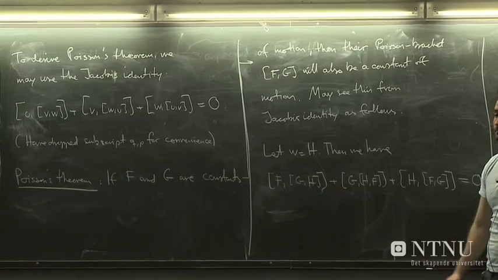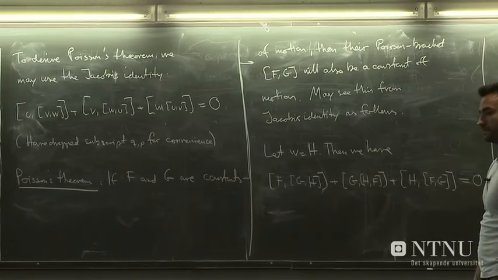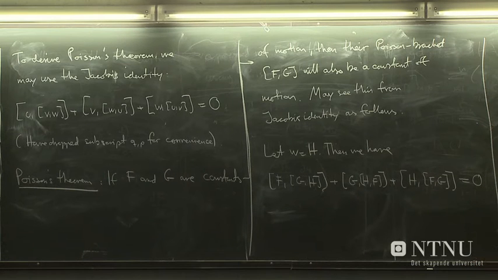Yes? But then don't you need that f and g are constants of the motion with no explicit time dependence? Because otherwise their Poisson bracket will equal minus their partial time derivative. But if they're constants of motion, I suppose one could say that it's implicit there's no time dependence, because otherwise they wouldn't be constant.